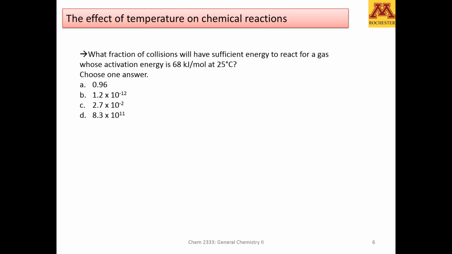In this case, this is mostly plugging in numbers, but it also will help us understand a little bit more what kind of questions we are able to answer. It's asking what fraction of collisions will have sufficient energy to react for a gas whose activation energy is this much. Well, we just said that the Arrhenius equation contains two components.